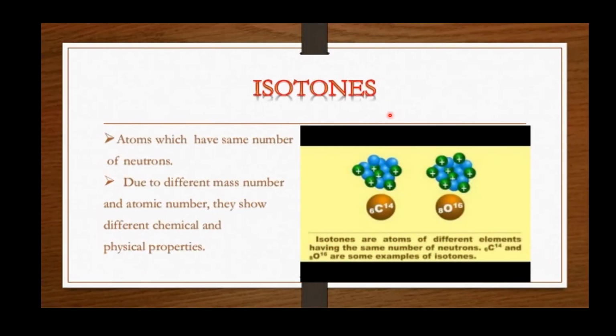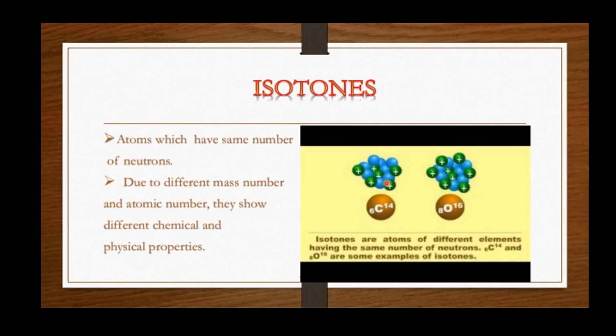Now, what are isotones? Atoms which have the same number of neutrons are known as isotones. Due to the difference in mass number and atomic number, they show different chemical properties. Like here, we have an example: carbon 14 and oxygen 16.